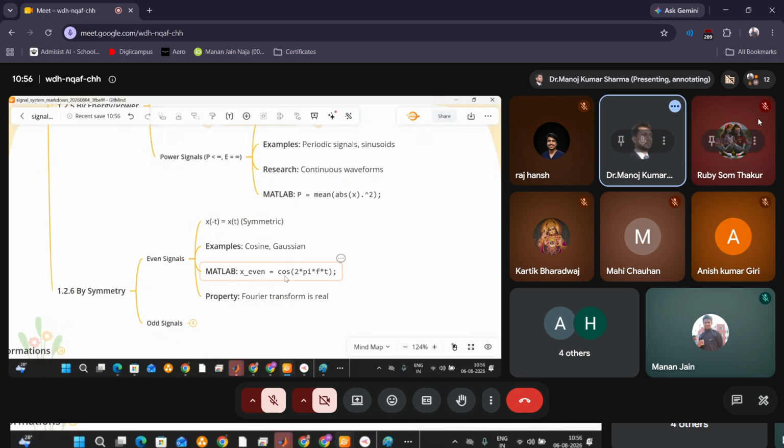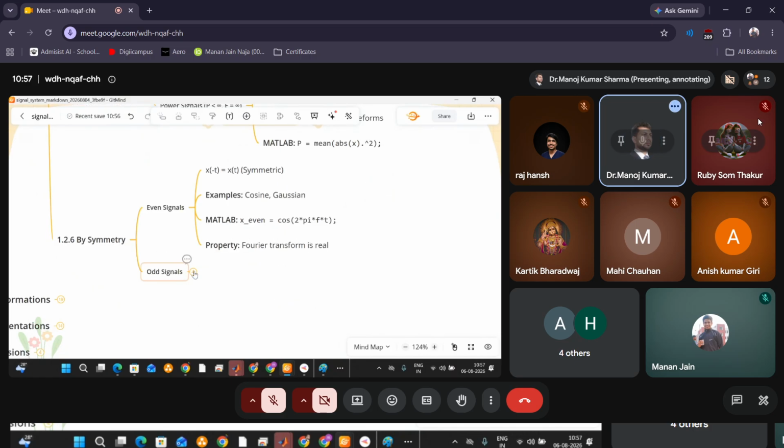For example, cos wave: if we put t under this cos, or if we put minus t under this cos function, then it will not change any sign outside the cos, right? Because of this, there is no change in the wave shape of the cos wave. So that's why it's an even signal, right?